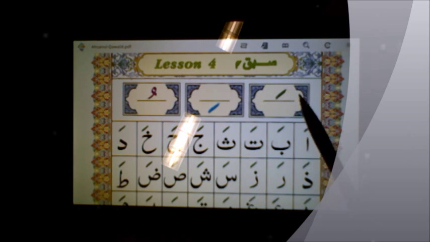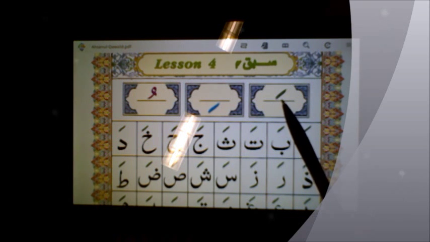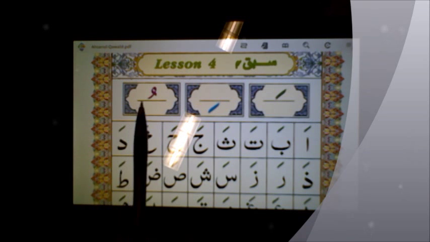This one is called Fatha, and in Urdu, in Pakistan and India, people call it Zabar. But for argument's sake, let's just call it Fatha because that's what the Arabs call it. This is called Kasra, it's underneath, and this is called Dhamma.